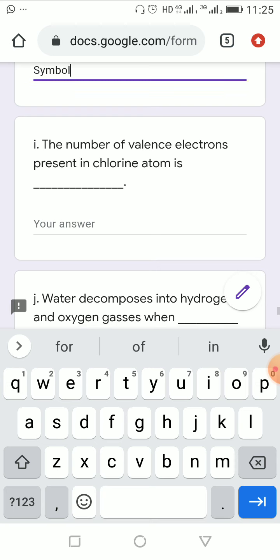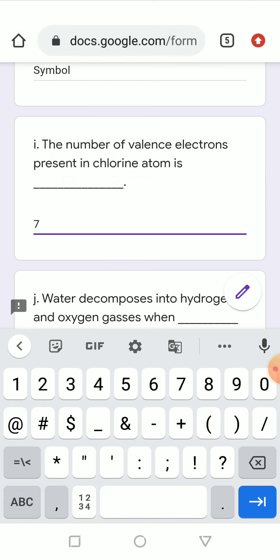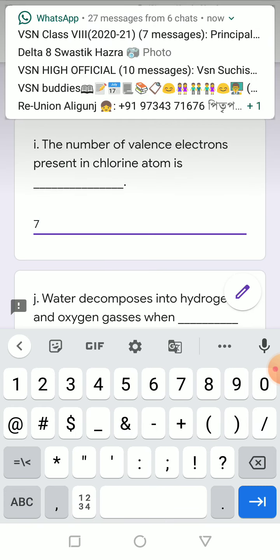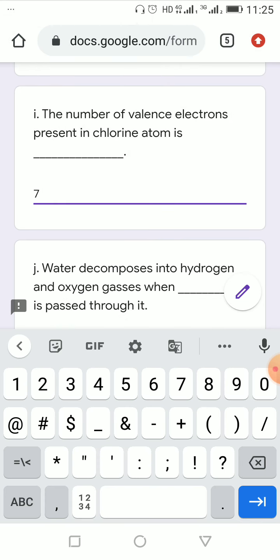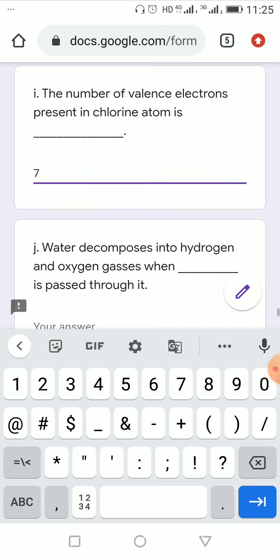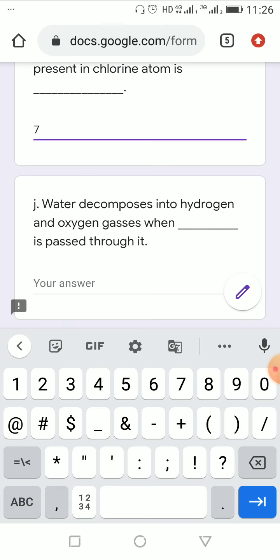Next, the number of valence electrons present in chlorine atom. In chlorine, we know the number of valence electrons will be 7. 7 valence electrons are present in chlorine. Water decomposes into hydrogen and oxygen gases when dash is passed through it.